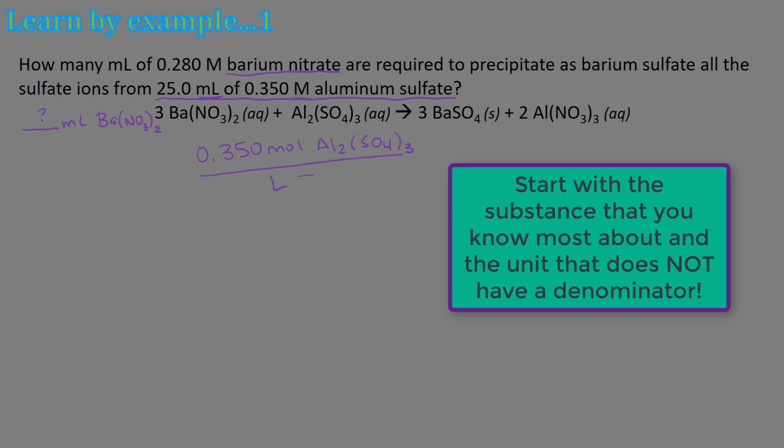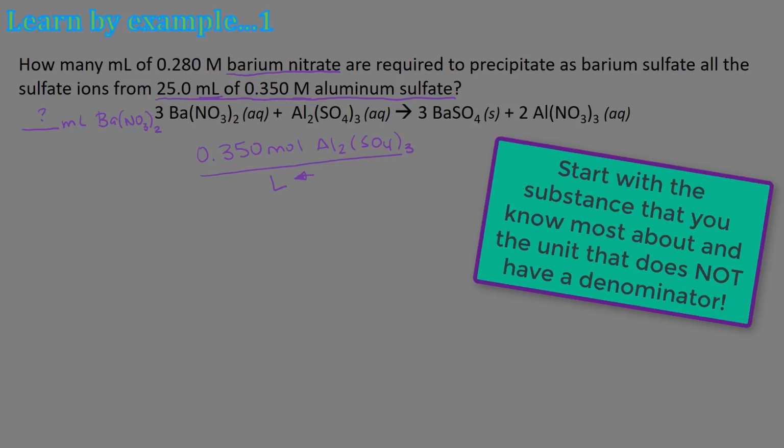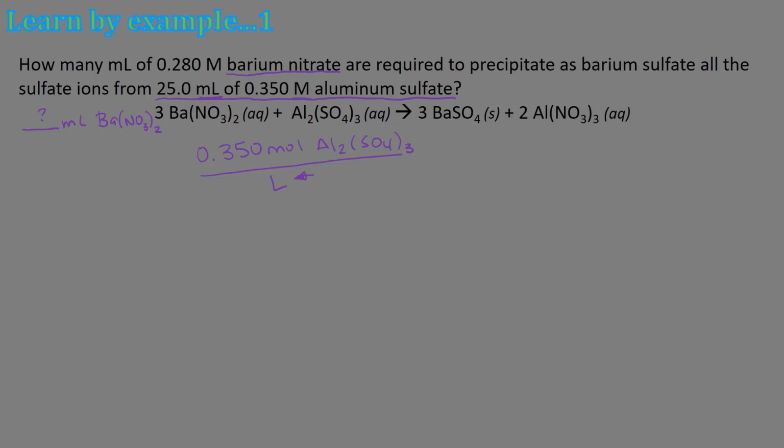So this has a denominator in the unit, so we're not going to start with that. We're going to start with milliliters, all right? And I'm going to show you how I work this problem, but you can work it a different way, and I'll talk about that in just a minute. We've got 25 milliliters of this solution, so I'm just going to leave it in milliliters.